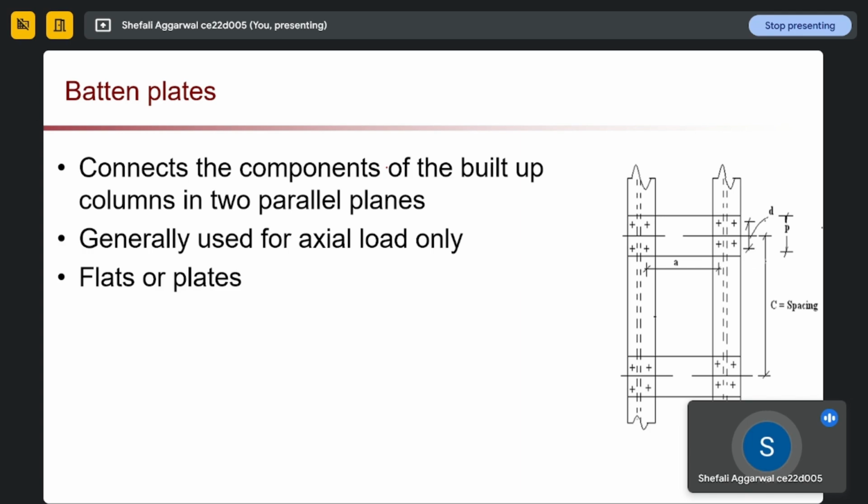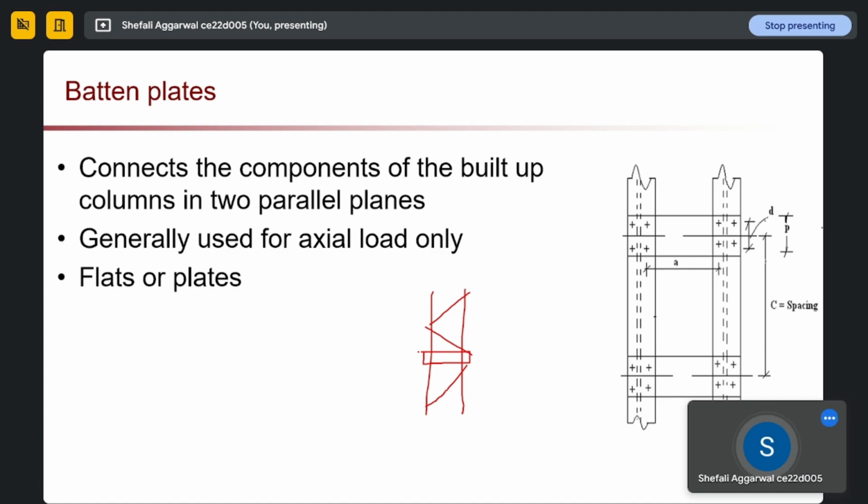Next are the batten plates. If we are connecting our two members using some angles, then we call it a lacing system. But if we are connecting our two members using a single plate in this form, then that is called batten plates.